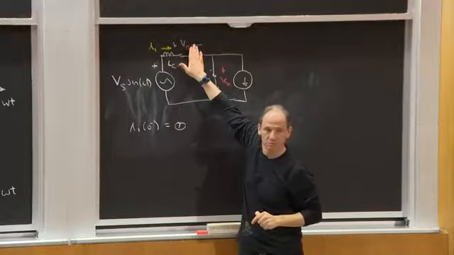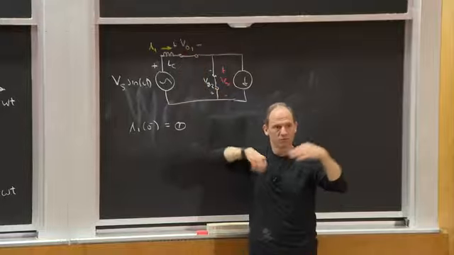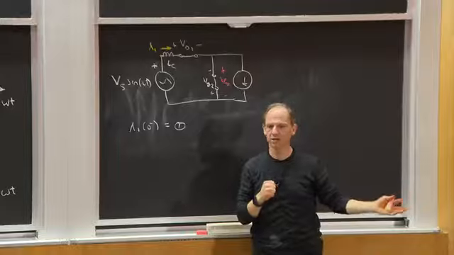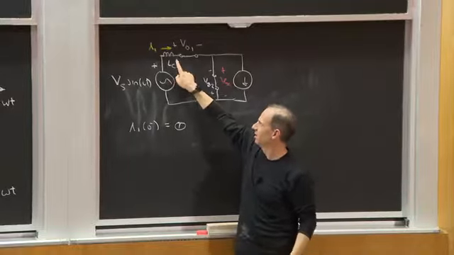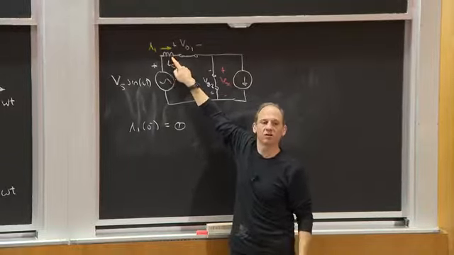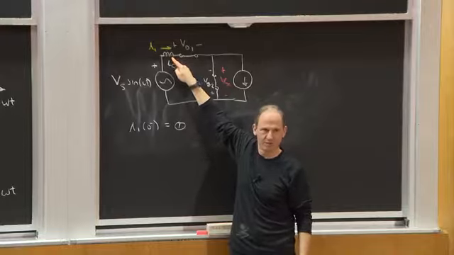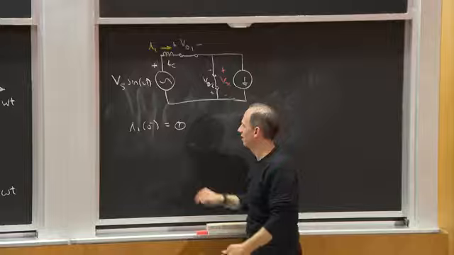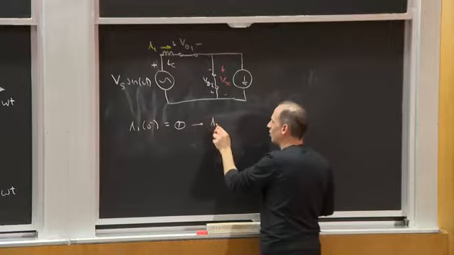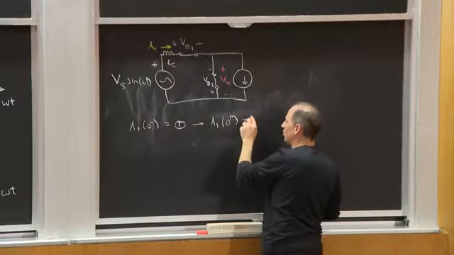This diode was open. Right after t equals 0 plus, it's an inductor, and its state doesn't want to change. Unless you put an infinite voltage across it, it's still going to have 0 current. So that suggests I1 of 0 plus is still equal to 0.